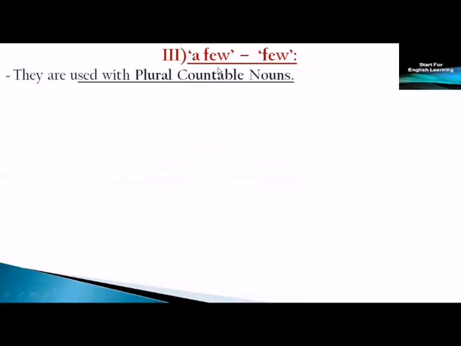Three, a few, few. What's the difference between a few and few? When do we use a few and when do we use few? A few and few are used with plural countable nouns.